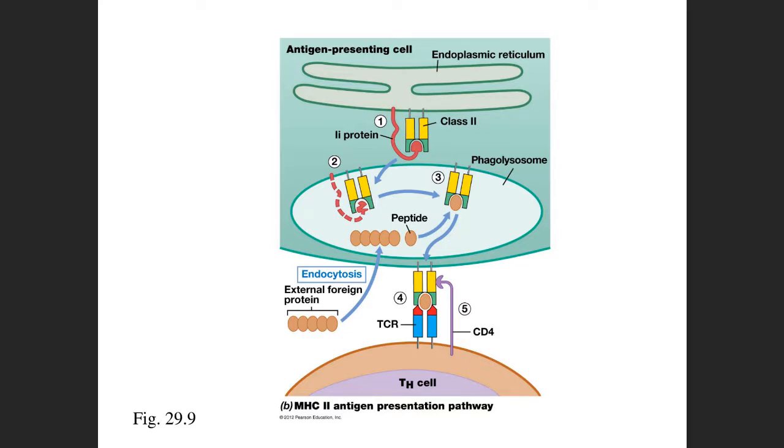Now, as the macrophage takes up more foreign bacteria, because they also have class 1, right? They can also be recognized by T cytotoxic, and then these cells, the macrophage, will be eliminated, right?